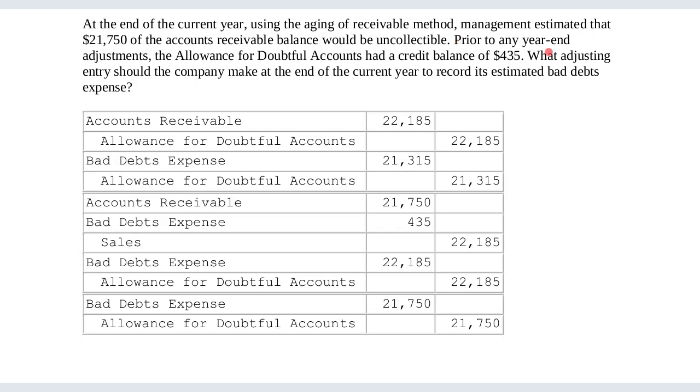Right. So we remember, if we have a credit, we're going to subtract, right? So we started with 21,750. And so we are subtracting 435. And this equals 21,315, hopefully. Okay.